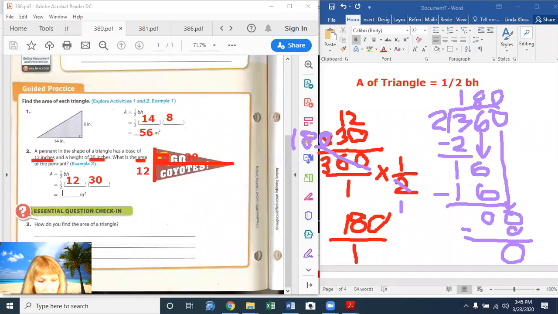So we're going to put that in. 180 inches squared. There we go. 180 inches squared. Move that over just a little bit. There we go. So you're welcome to pause the video, fill in your notebook and your math book page there if you'd like. And when you're ready, we're going to clear the screen and we're going to move on.